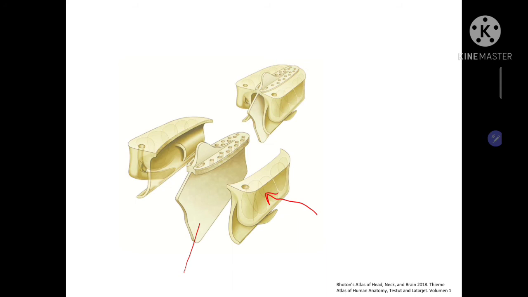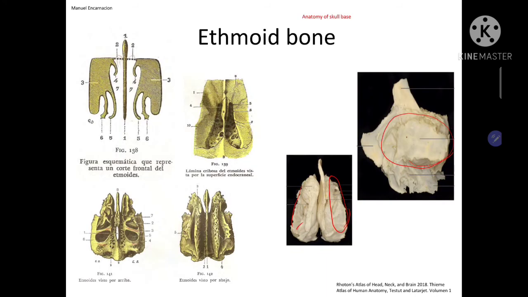And in the end, I'm going to have the most complex one, the medial surface. The medial surface forms most of the external wall of the nasal cavity. You can see here it has these processes, convex medially.